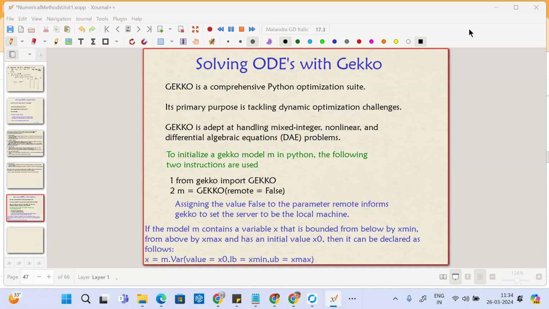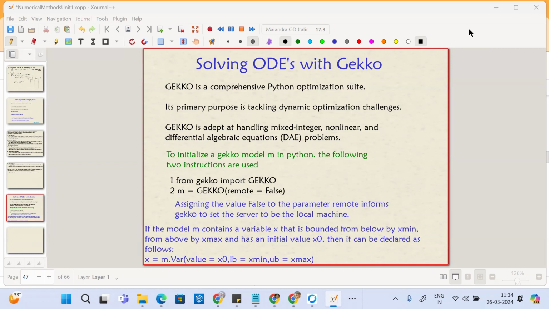If the model M contains a variable x that is bounded from below by x min and from above by x max, and has the initial value x naught, then it can be declared as follows. M has a lot of attributes, and you are trying to access the attribute variable of Gecko.